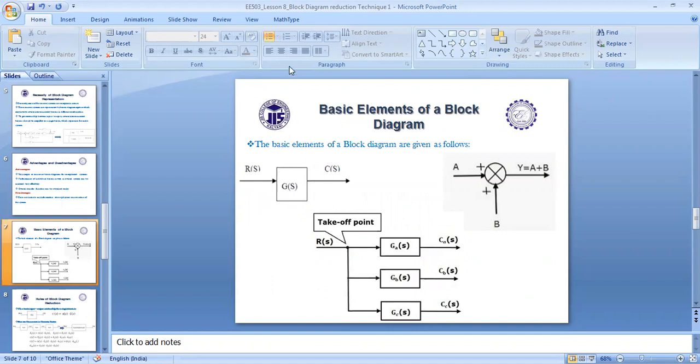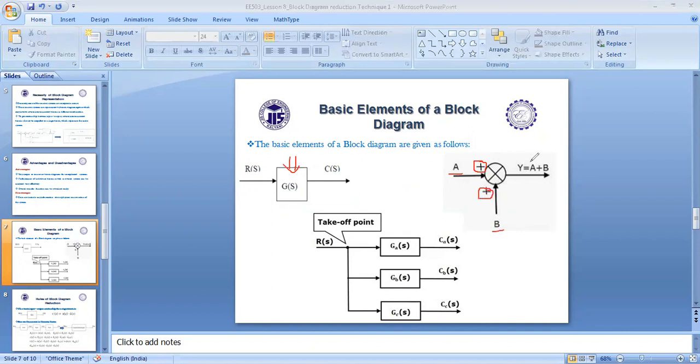See here, as I said, a block is the representation of any physical device or physical component in terms of its transfer function. A summer is used in block diagram algebra to add or subtract two quantities. See, A is entering the plus terminal of the summer, B is entering another plus terminal of the summer.